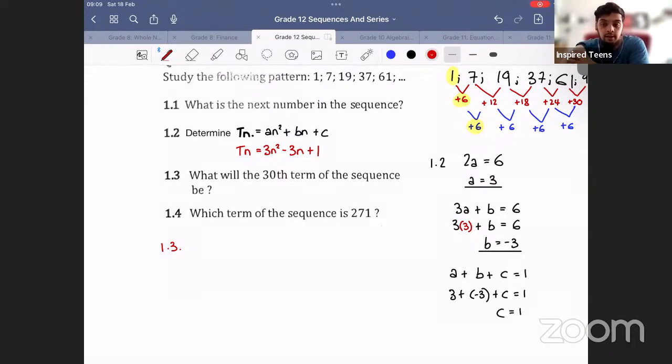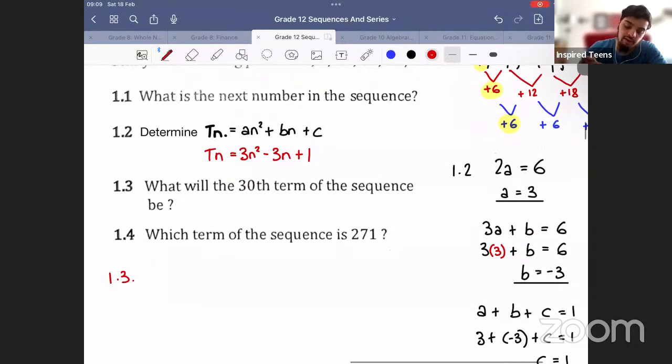Term number n is given, right? For the person who said Tn and the value, that is incorrect. Tn is not given in this case.